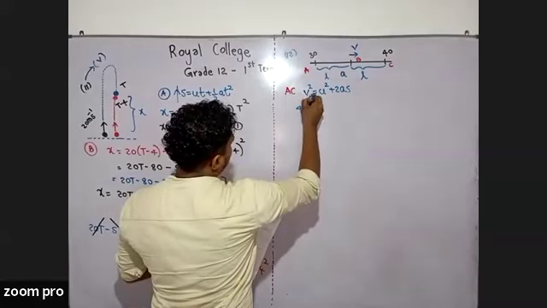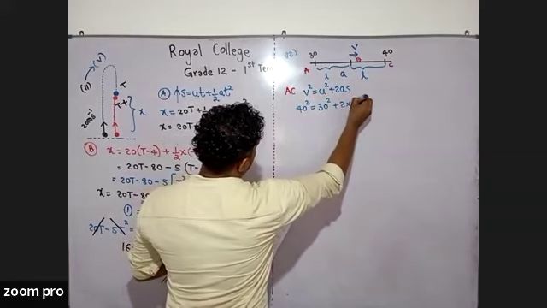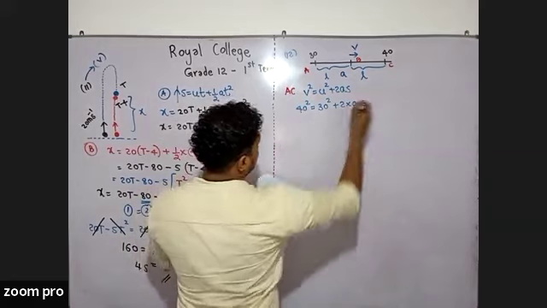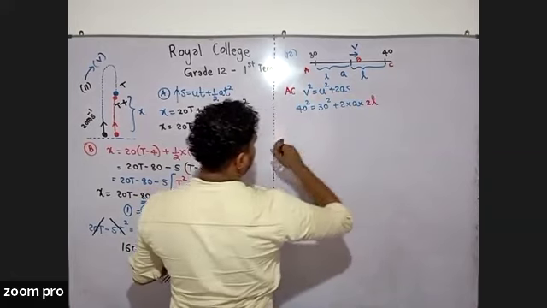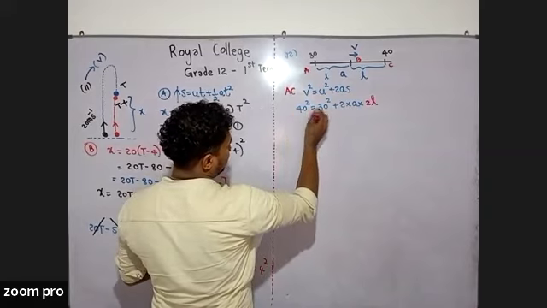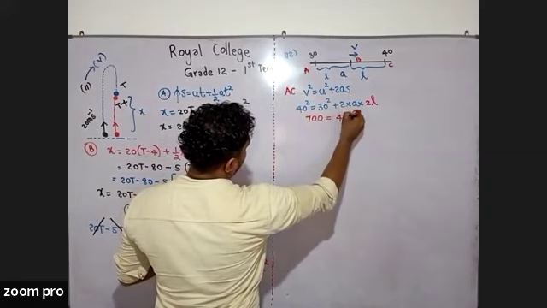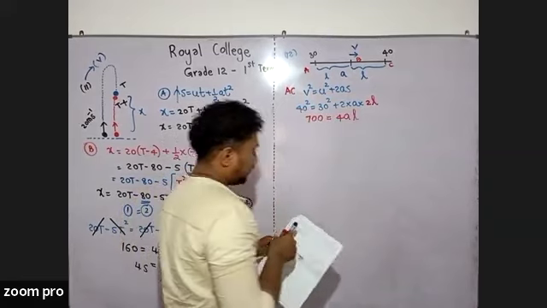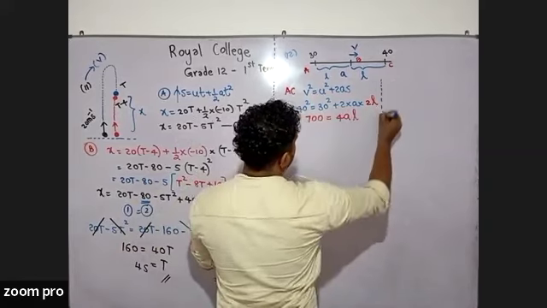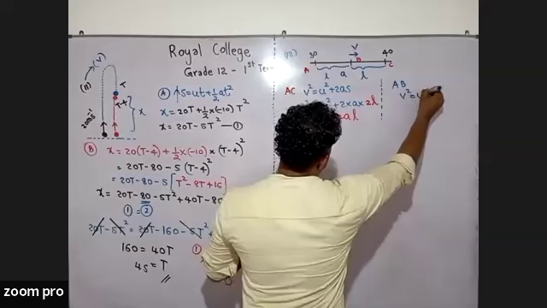Then it should be 40 squared equal 30 squared plus 2A times 2L. So 1600 minus 900 means 700 equal 4AL. Right. Let's apply another equation from A to B, the same equation.